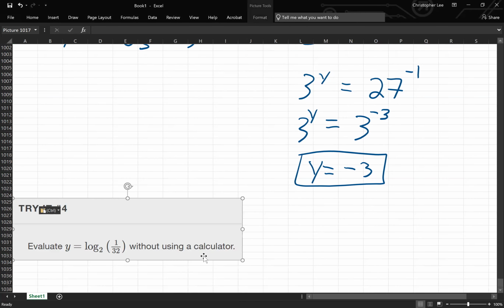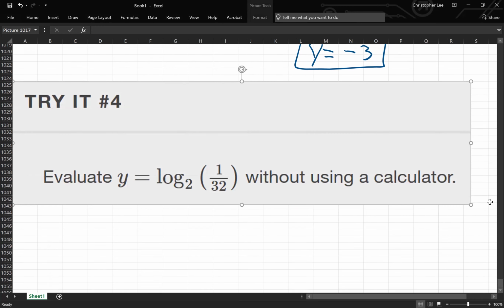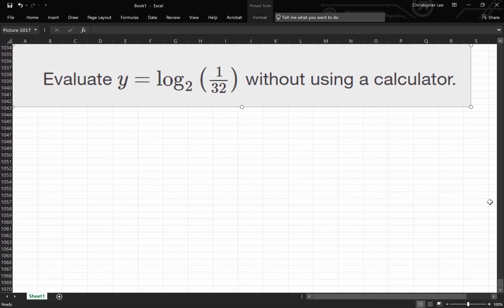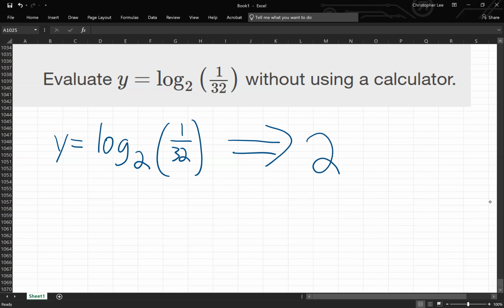Try this out. What do you think? y equals log of base 2 for 1/32. So essentially, I'm asking you 2 raised to the y power is equal to 1/32. So what y'all think?